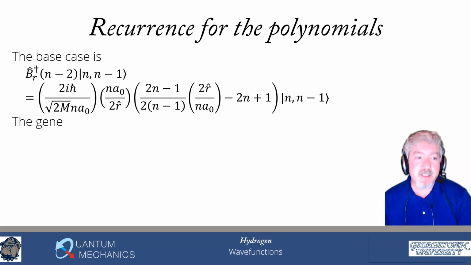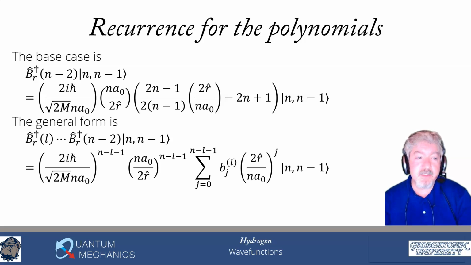For the general induction case, I want to write out what that string of b's is for some arbitrary case. I'm taking the case where the last b dagger operator is b dagger L. And we're going to write this in terms of some polynomial. So the constant term that we had out in front is going to get multiplied; I'm going to get one of those for every b dagger that I apply. So that's going to have an n minus L minus 1 to it.